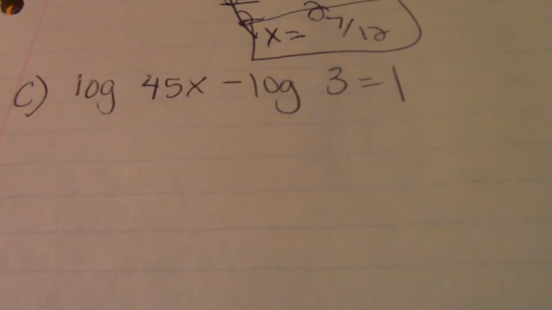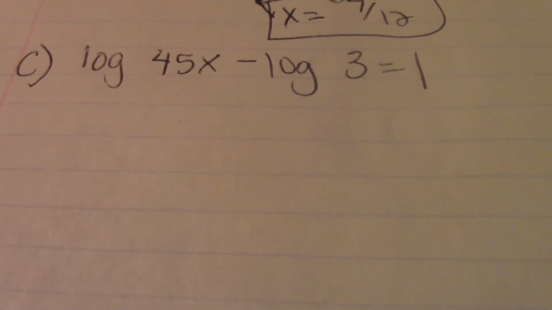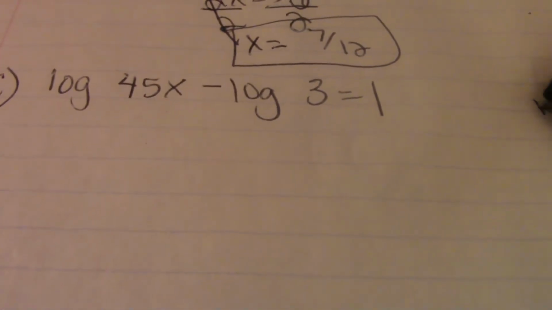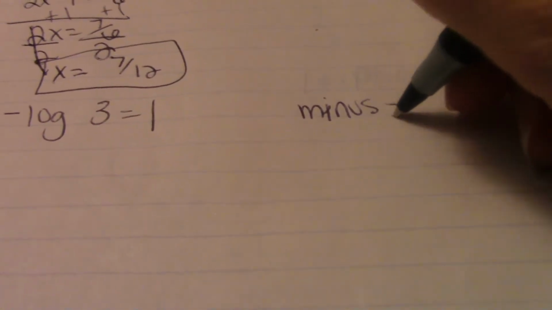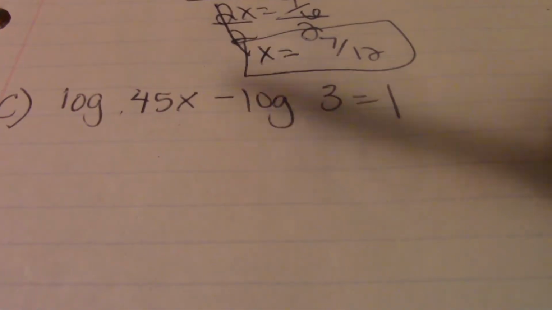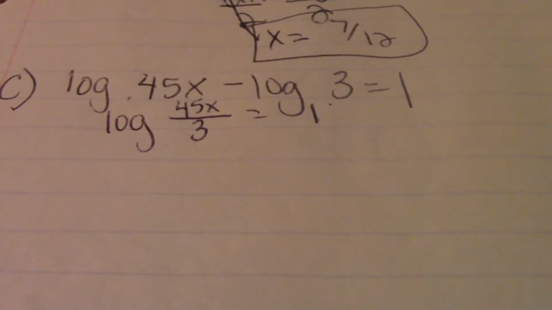Now C, it is not already in one log, so I need to make it into one log. If we remember our log properties from last time, minus equals division, right? So if they've got the same base, and remember there's a 10 here, I'm going to rewrite this as log of 45x divided by 3 equals 1.